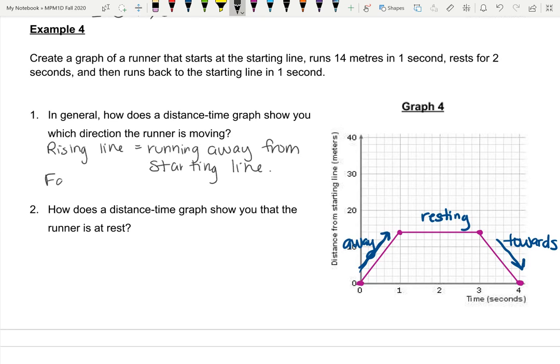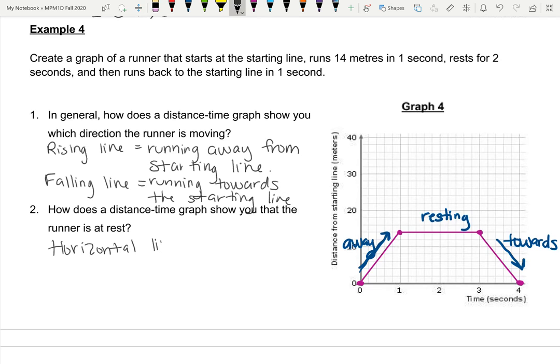And a falling line means running towards the starting line. And when the runner is at rest, that's represented by a horizontal line. Okay, so distance time graphs are just a different way of reading a graph.